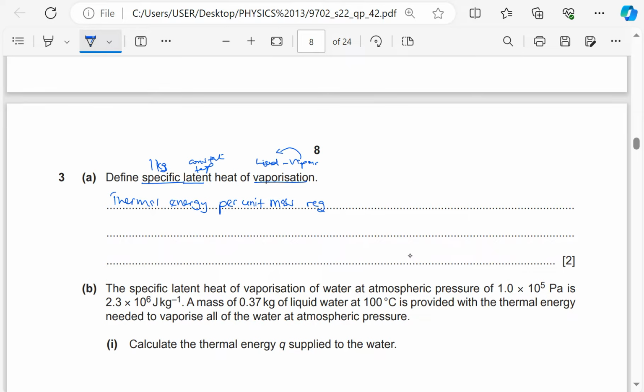So thermal energy per unit mass required to change state between liquid and gas at constant temperature.